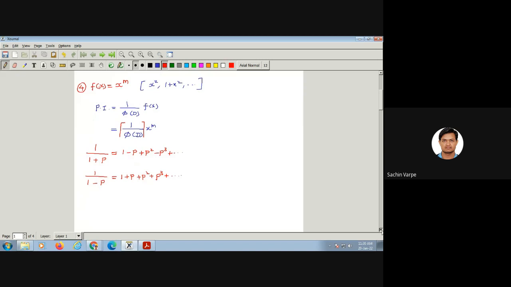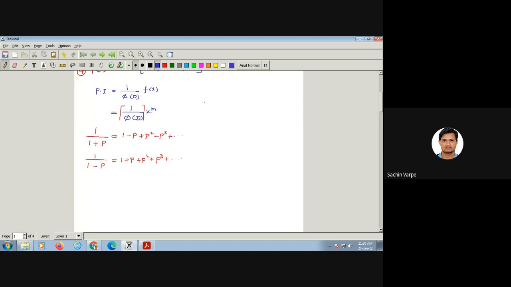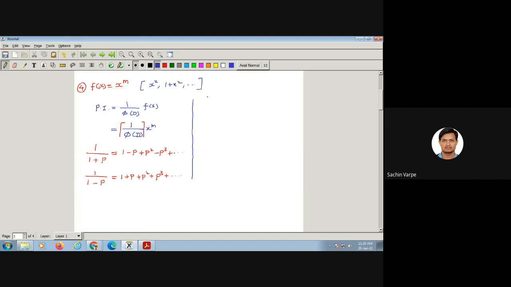Now, let me tell you with an example. If we want to find the particular integral for this differential equation, say D square plus 2 times y is equal to x square.